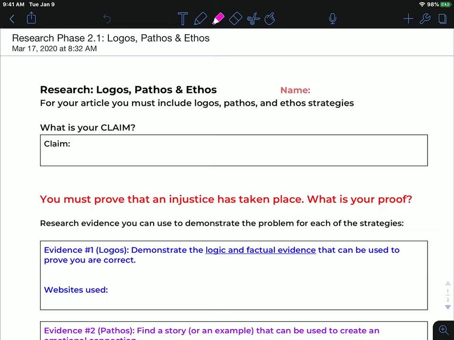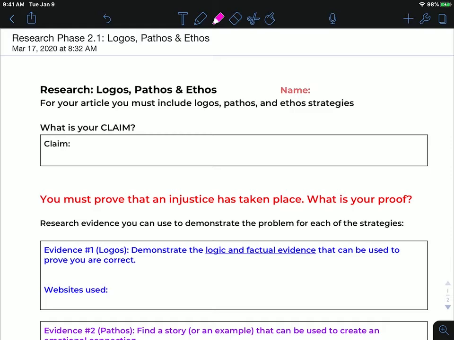Pathos being the emotional connection to the issue. Most of these issues include people who are being victimized. So if you can figure out a way to get your audience to empathize or sympathize with those people, you can find a story that could be used. And then the ethos factor, which is finding somebody who's credible that agrees with you.